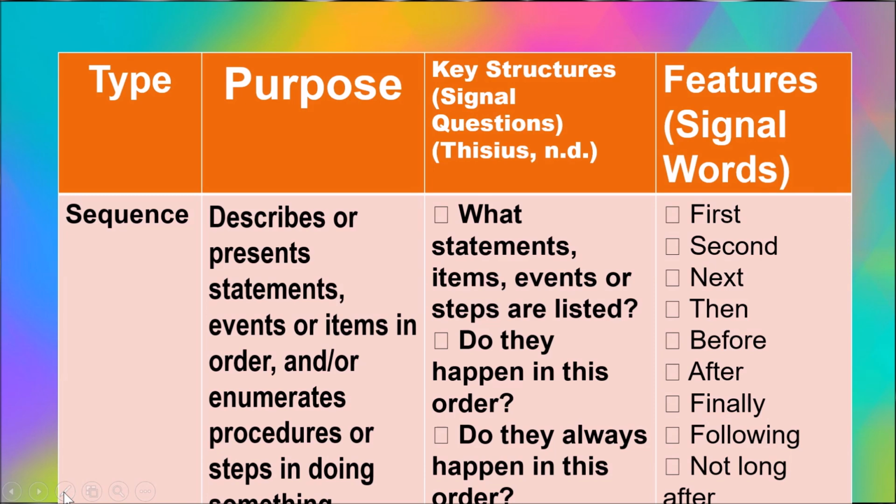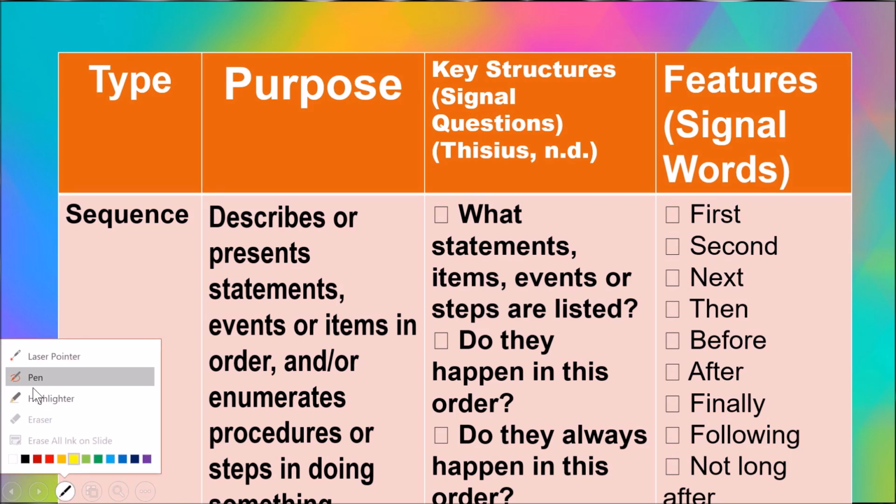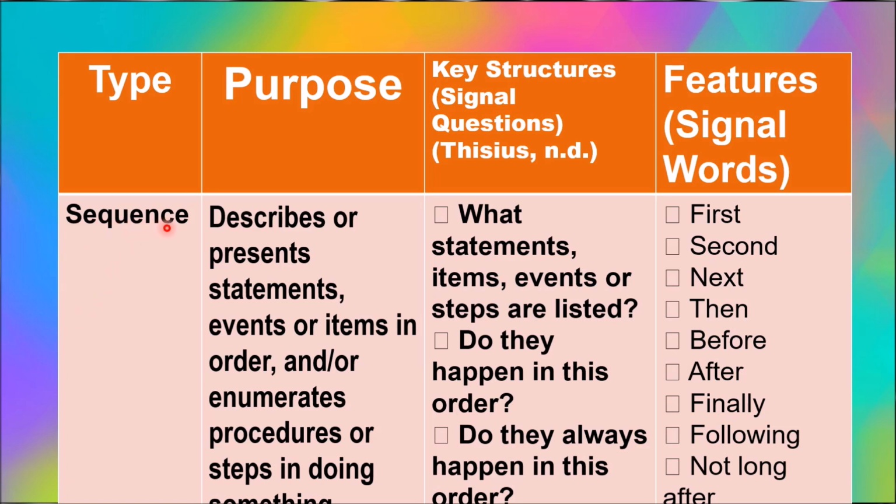Okay, let's find out. What's the purpose for sequence? The purpose for this is to describe or present statements, events, or items in order and or enumerate procedures or steps in doing something.